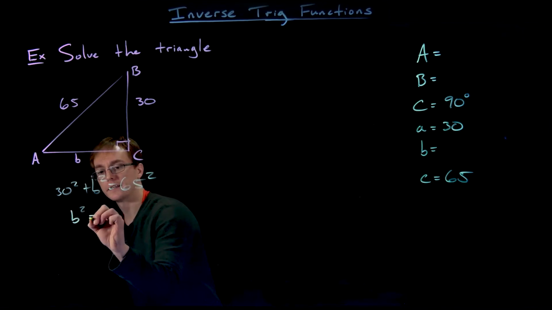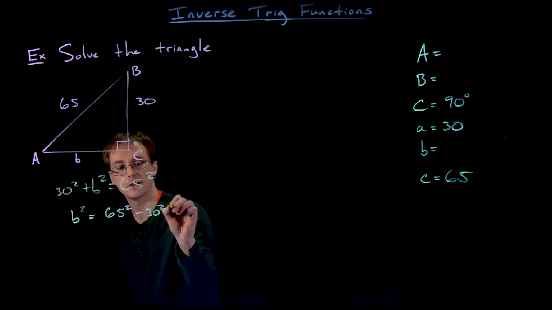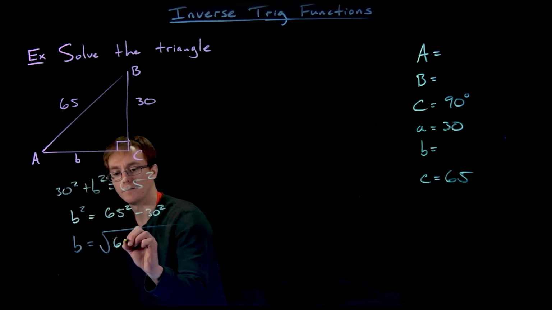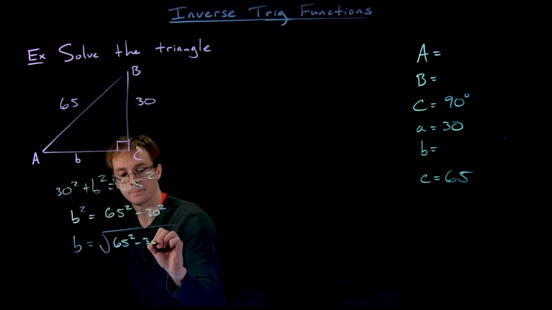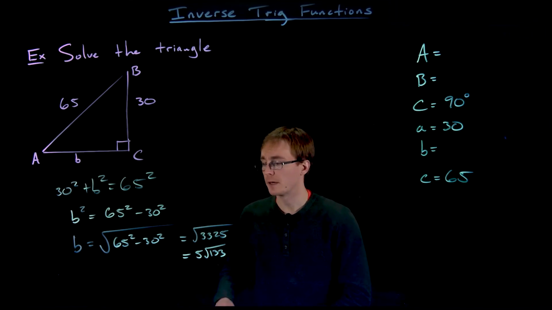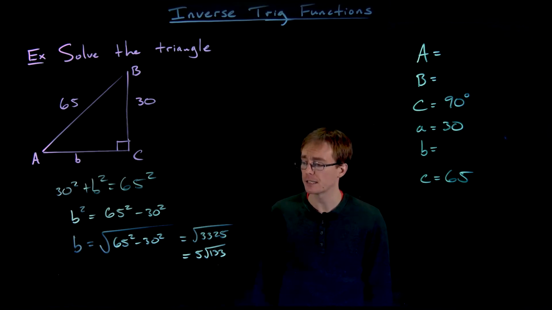So b squared is going to be equal to 65 squared minus 30 squared, and b itself is going to be the square root of that value. And so if we square 65 and subtract away from that 30 squared, we end up with 3,325 underneath our square root.